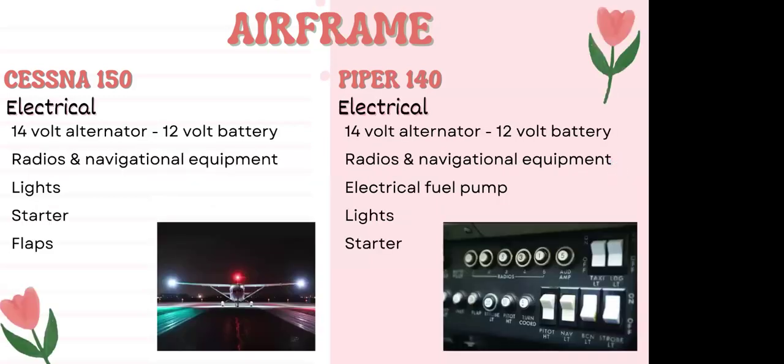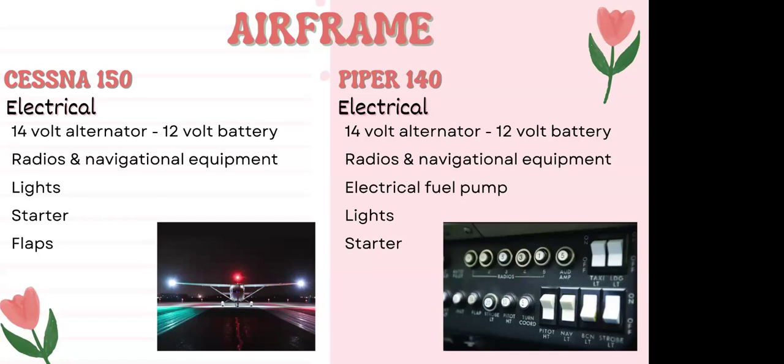So, in the same vein of airframe, we're going to talk about electrical pretty briefly. Electrical can be somewhat complex. There's a reason I didn't put the diagrams in there; sometimes it's a little overwhelming to look at if you don't know what you're looking at. But both of the POHs, the Cherokee and the 150, have those diagrams available, and I would recommend taking a look at them.